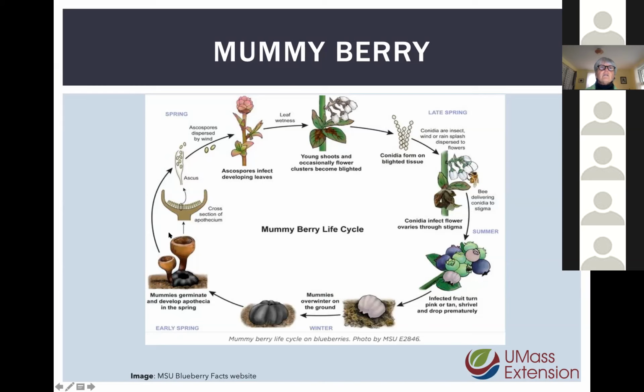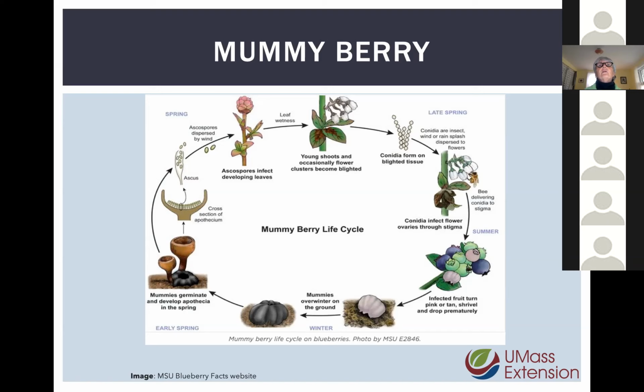The apothecia or mushroom cups that develop in the spring, right around now, especially with the rain that we're having, will release spores we call ascospores that land on the green tissue, infect the green tissue, and create these lesions that are very characteristic. They're a very distinctive stripe down the middle vein of the leaves that turns brown at first, eventually turns black, eventually the whole leaf turns black.